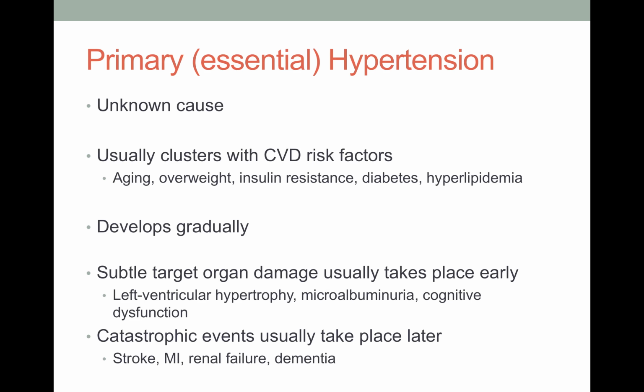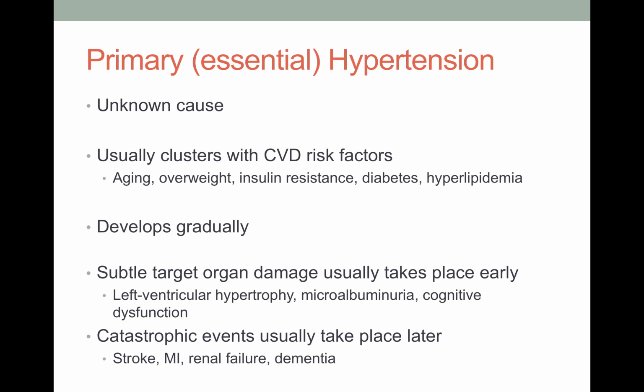So we're going to talk, after we get through this lecture and the next lecture on hypertension, more about hyperlipidemia. But these are common risk factors for the development of cardiovascular disease, and they're normally coupled with hypertension.